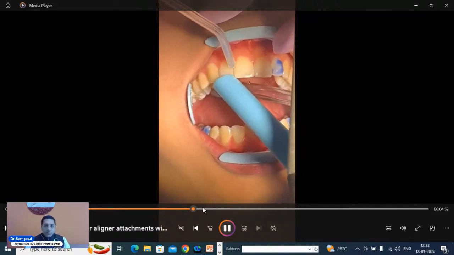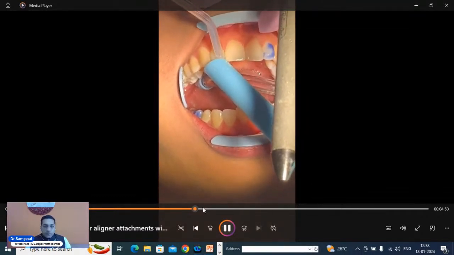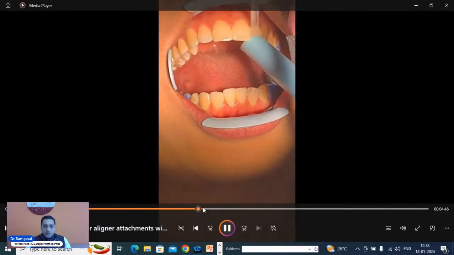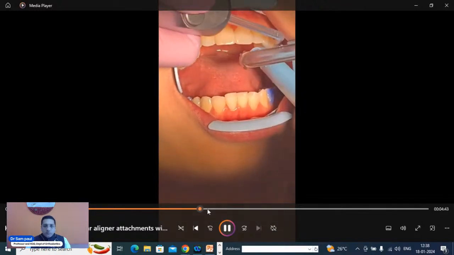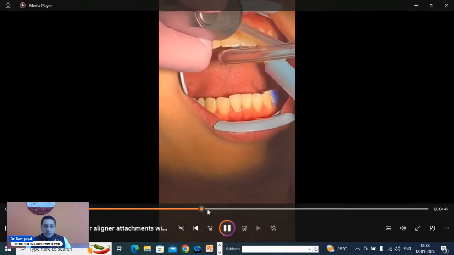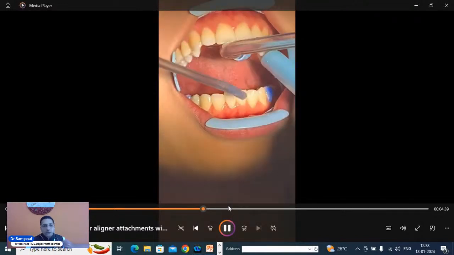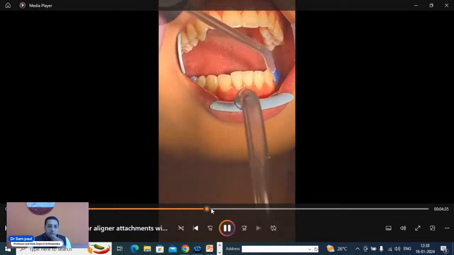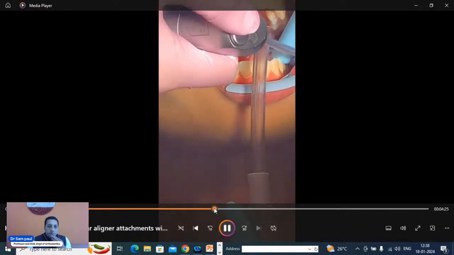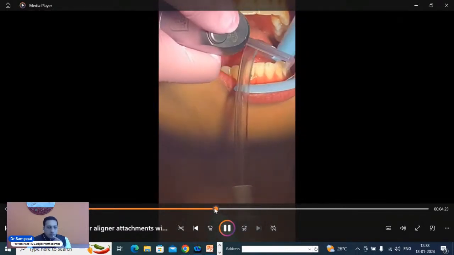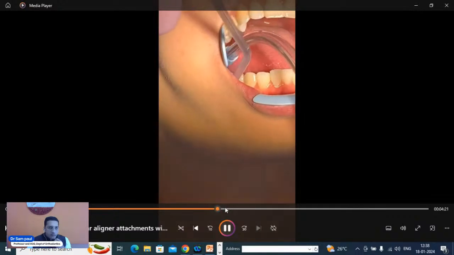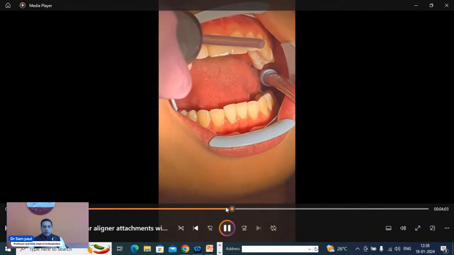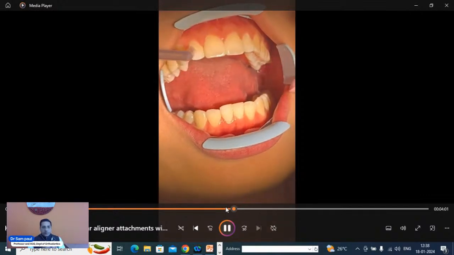After 20 seconds, you wash off the etchant completely from the teeth. Then blow air to dry the enamel till you get a frosty appearance.